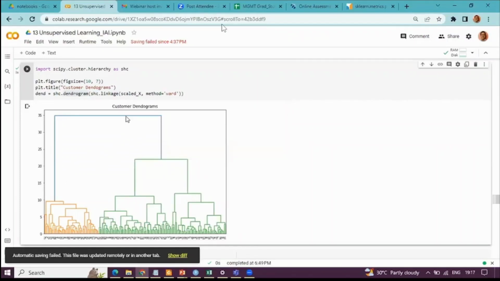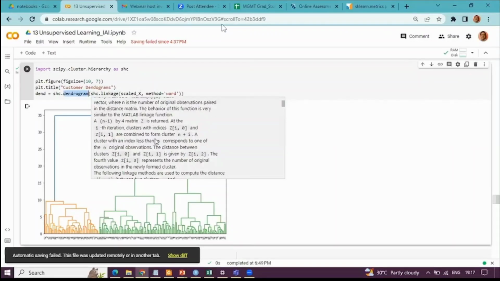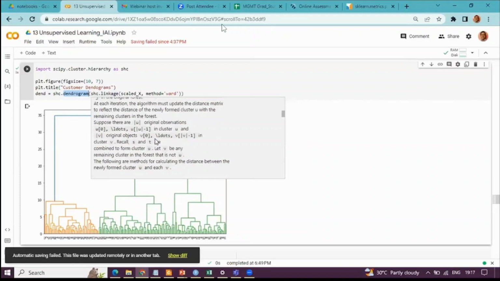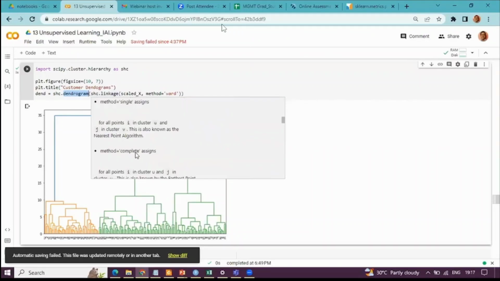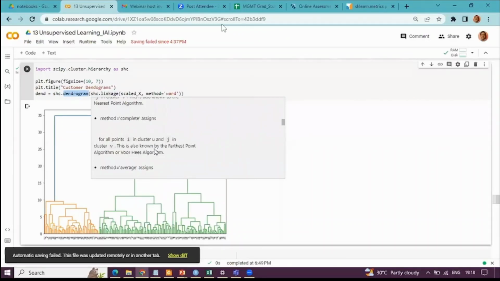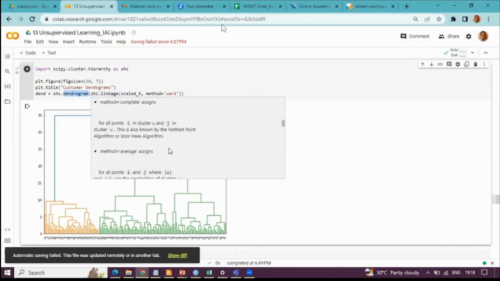Then similarly, we can use the other. So there is something called complete. Complete means it goes for the farthest point, which is the maximum most distant. And similarly, if we talk about average, it talks about the average distance.